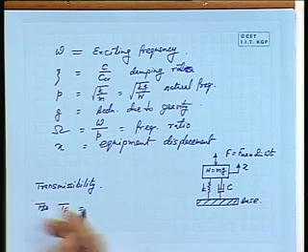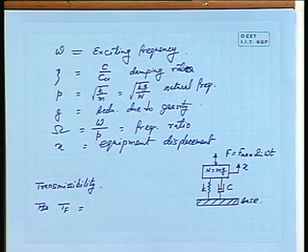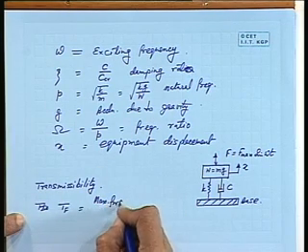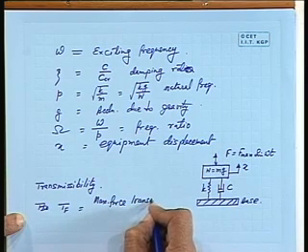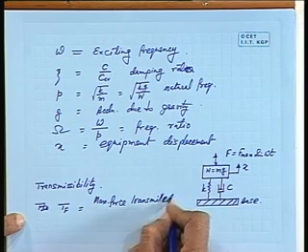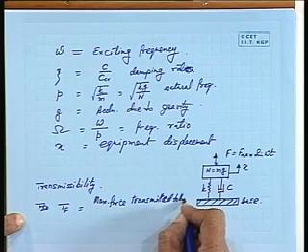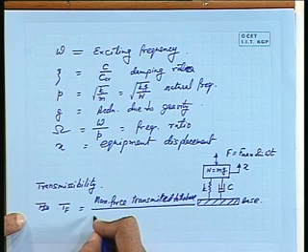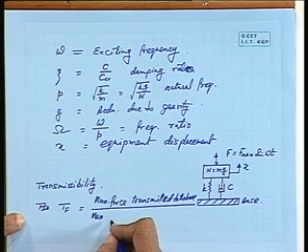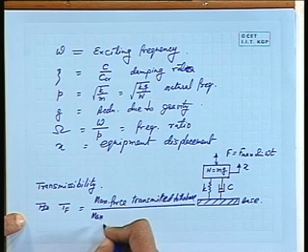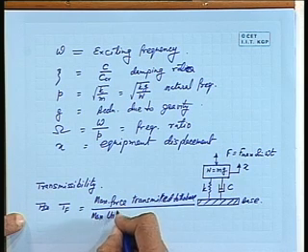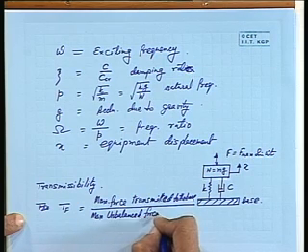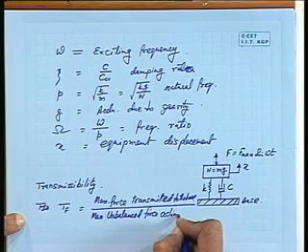TF is defined as the maximum force transmitted to the base divided by the maximum unbalanced force acting on the equipment.